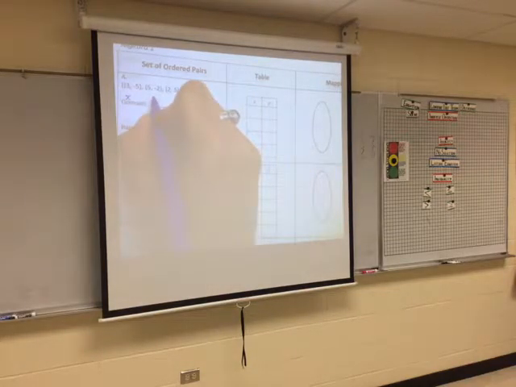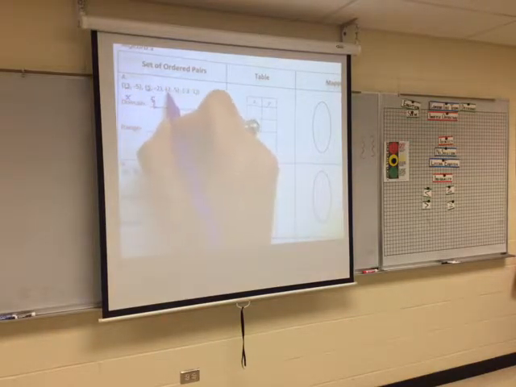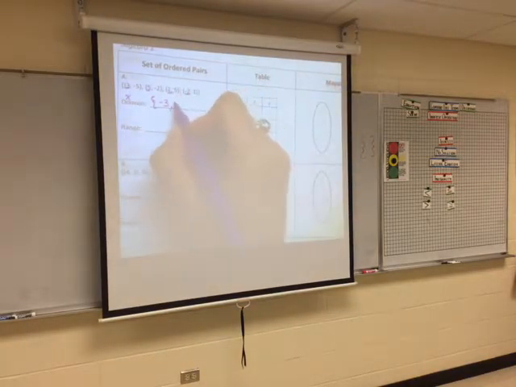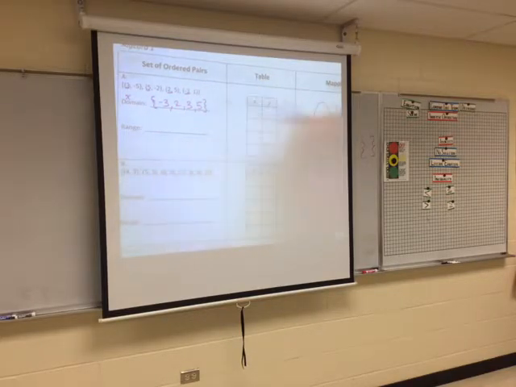I'm going to write these in numerical order. So if I look at my x values, -3 is the smallest, 2, 3, and then 5.